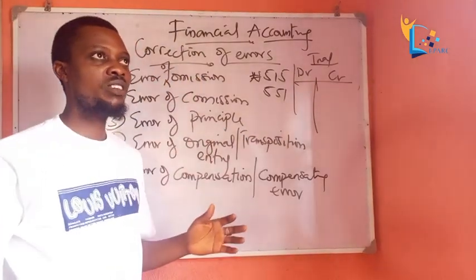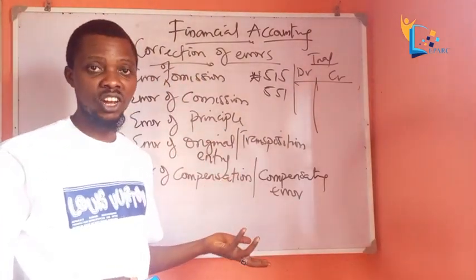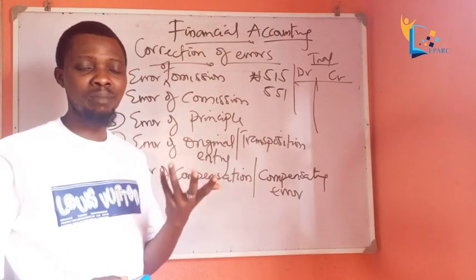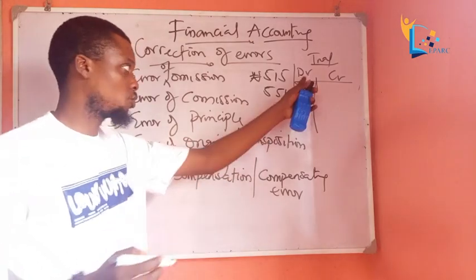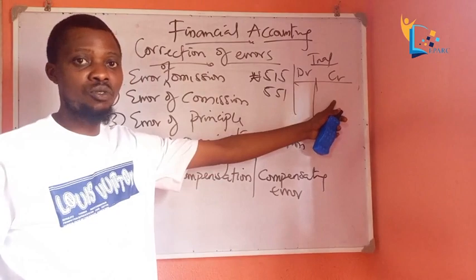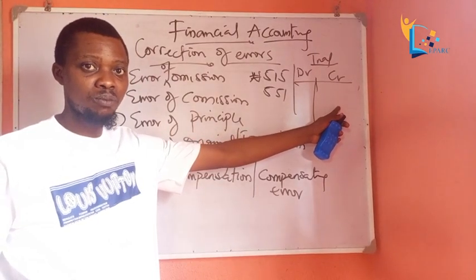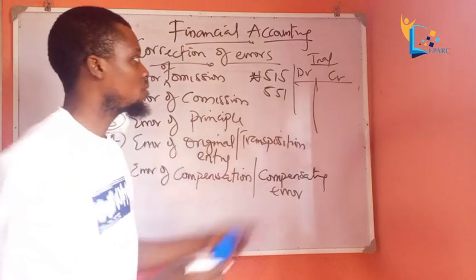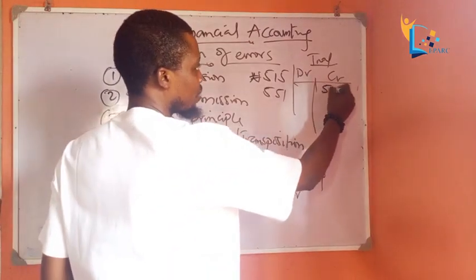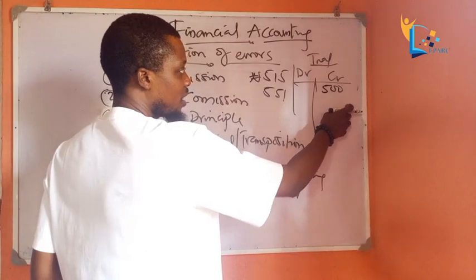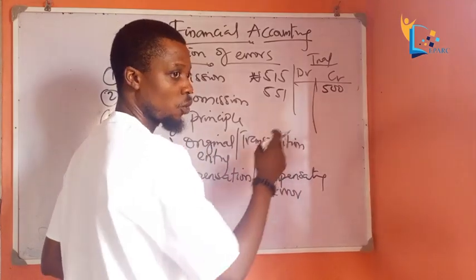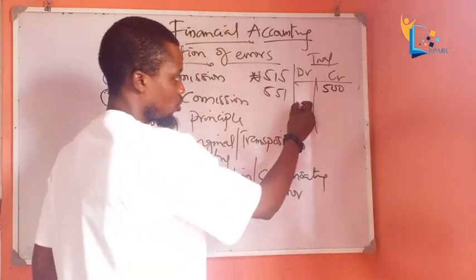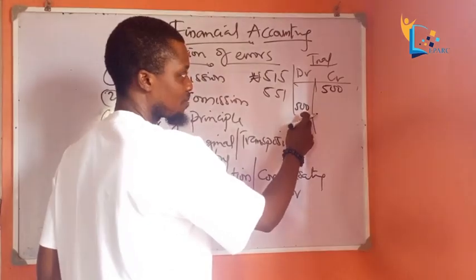Now, when we made sales, if maybe our sales account is overstated by 500 naira, sales will be on the credit side of the trial balance because it's an income. So if sales here is overcasted by 500, and let's say salaries here is overcasted also by 500 naira, because salaries are expenses.